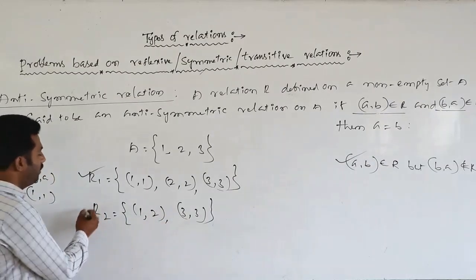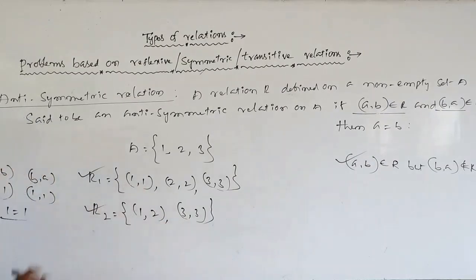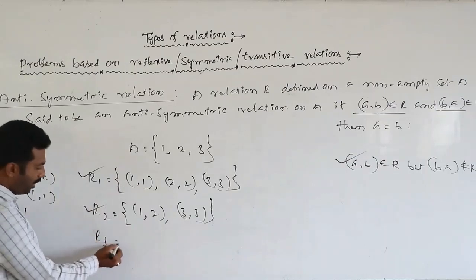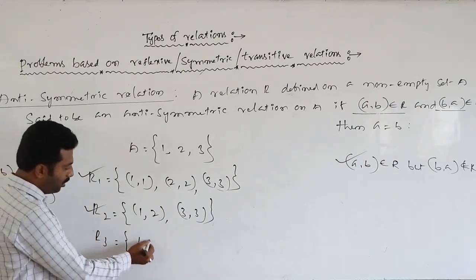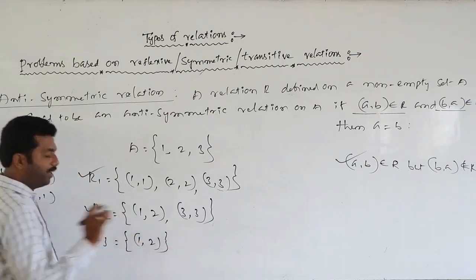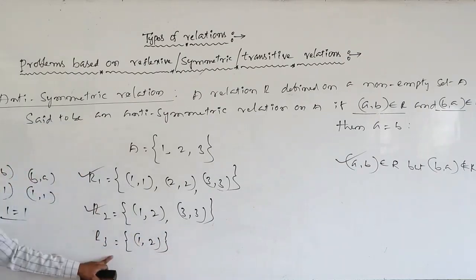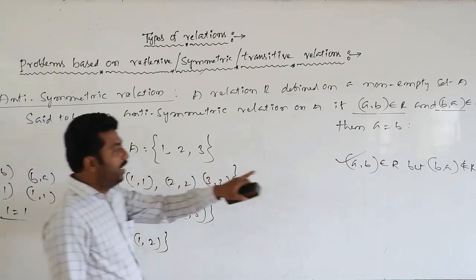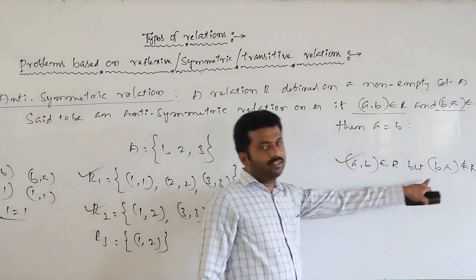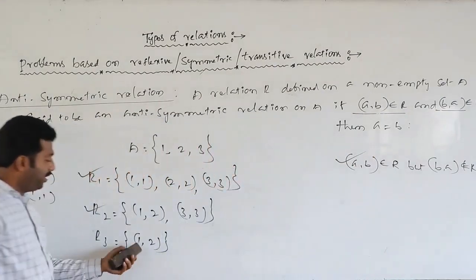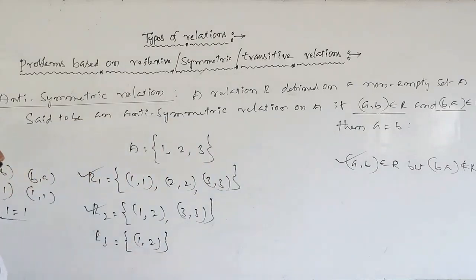So trivially this is an anti-symmetric relation. Next, R3. Suppose (1, 2), only one ordered pair is there. What is the condition here? AB is there, BA is not there. So trivially it is an anti-symmetric relation.